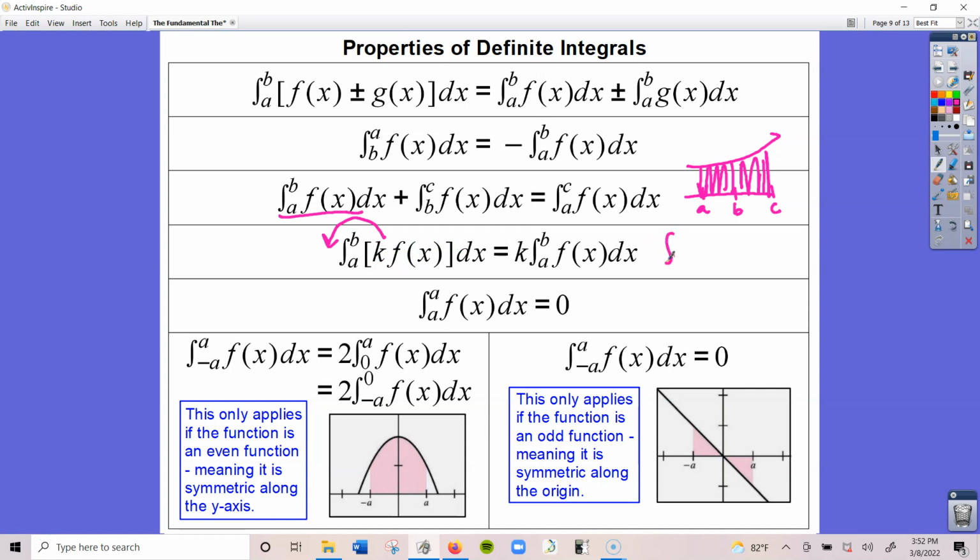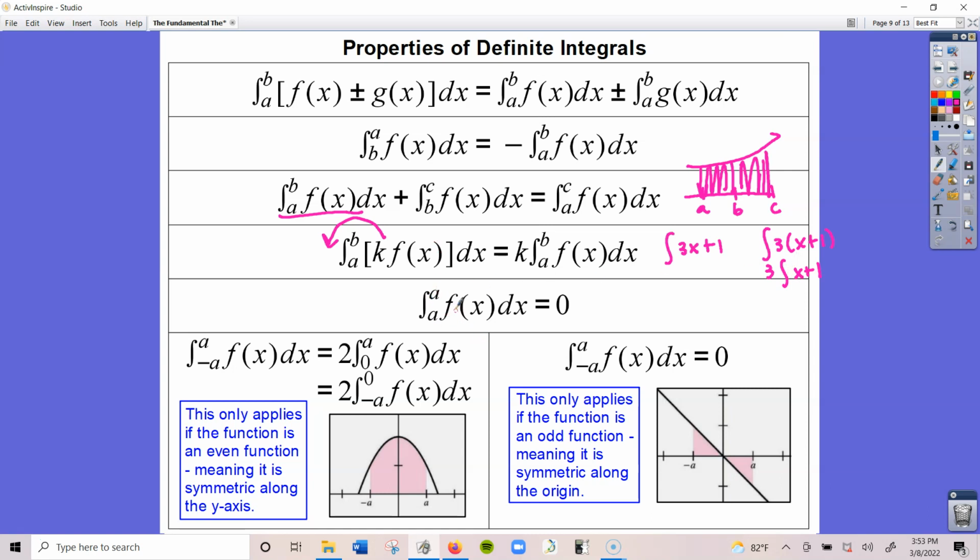For example, if we had 3x plus 1, I cannot move the 3 to the outside because that 3 is not multiplied to the 1 as well. Versus if I have the integral of 3 times the quantity x plus 1, then this 3 is being multiplied to everything, so we can move the 3 to the outside.